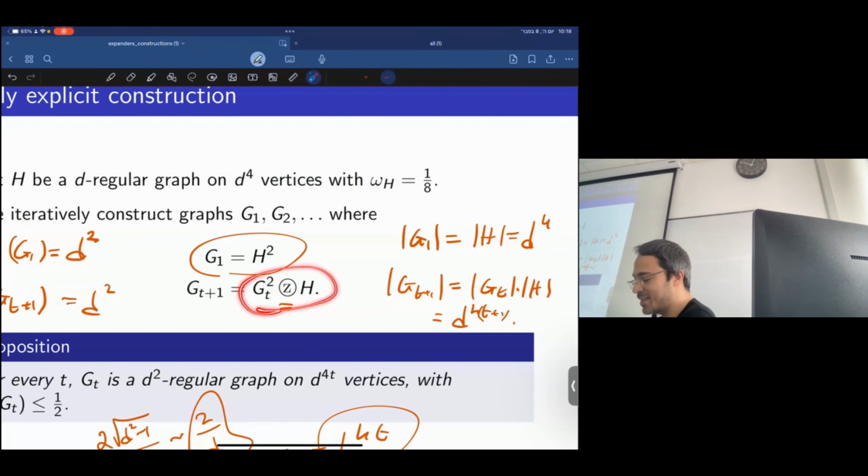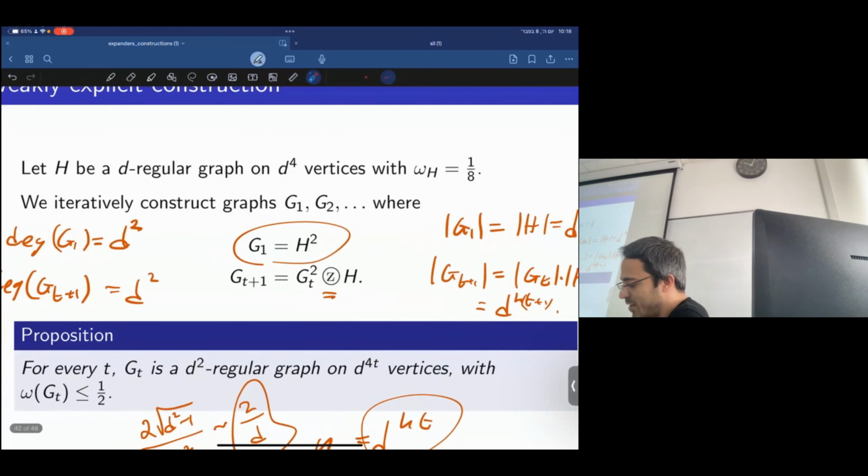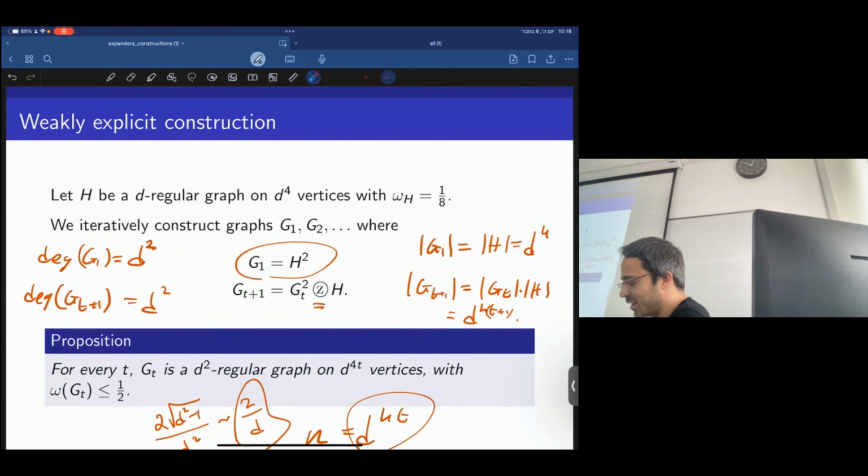So assuming that this zigzag is valid, and we need to make sure that the degree is the same as the size, the graph size increases by multiples of H all the time. H is of size D to the 4th, so eventually the T-th graph in the family is of size D to the order of T. I don't really care about the 4. We also said that the degree of G_1 is D squared, because squaring a D-regular graph gives a D squared regular graph.